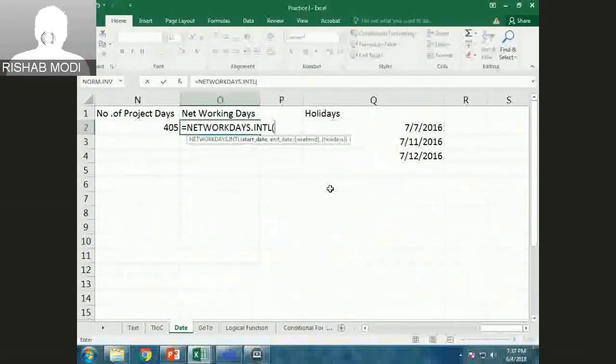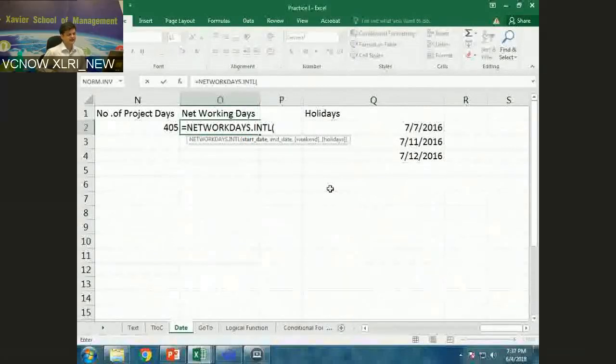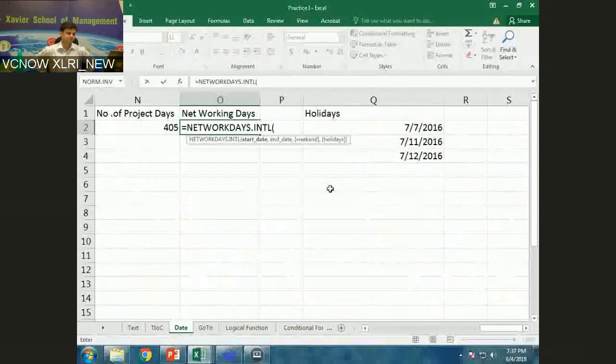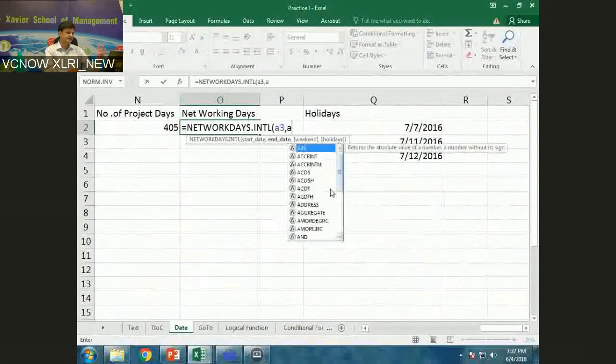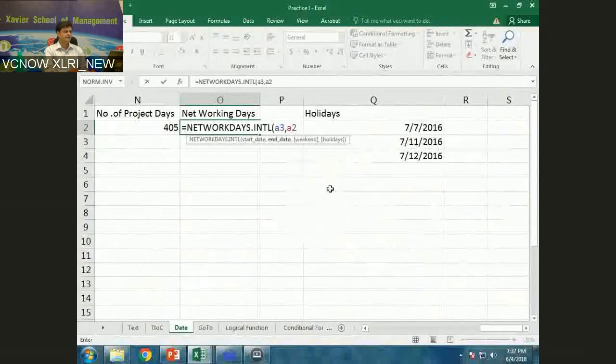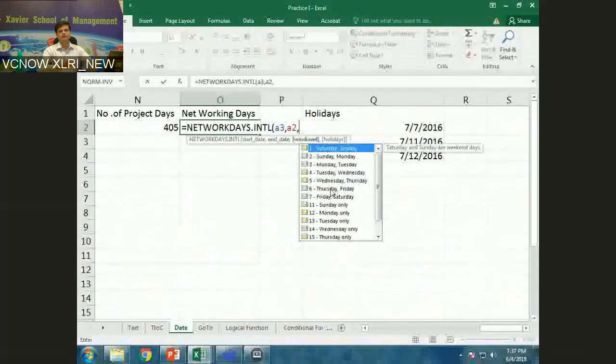So NETWORKDAYS.INTL, just look at this and you can write the formula. Start date, pick it as A3 because that's when you start, and A2 is the end date. And then the rest you can do yourself and see how it works.